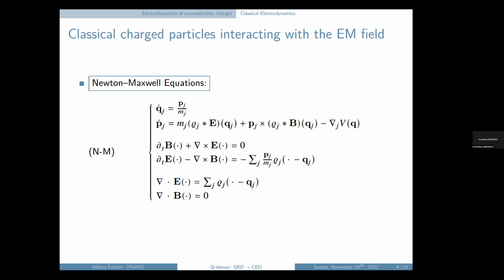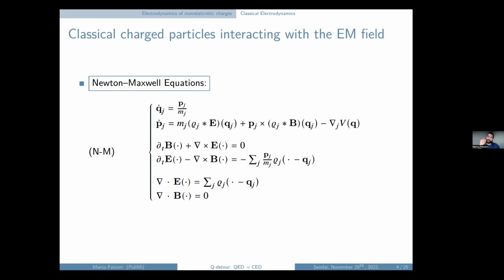So you are writing particles, but actually a particle means kind of a crowd, and the density is given by rho j. Do I understand right? So that qj is kind of the center of mass, if you want.